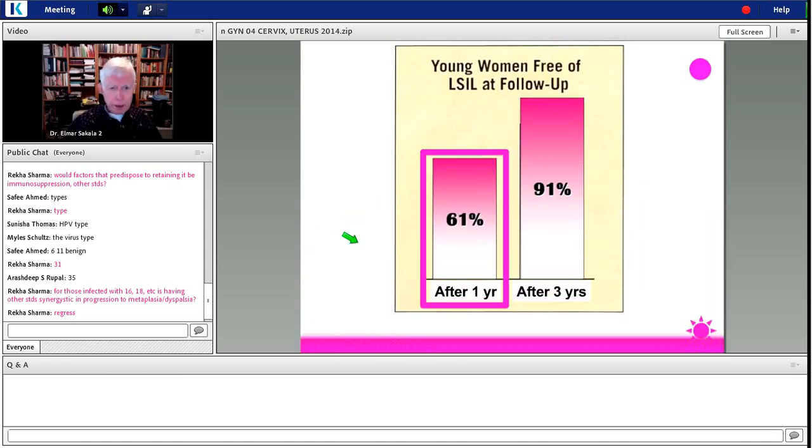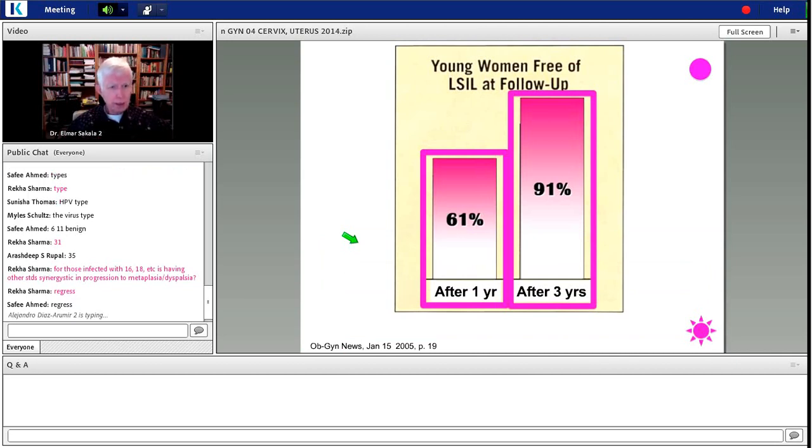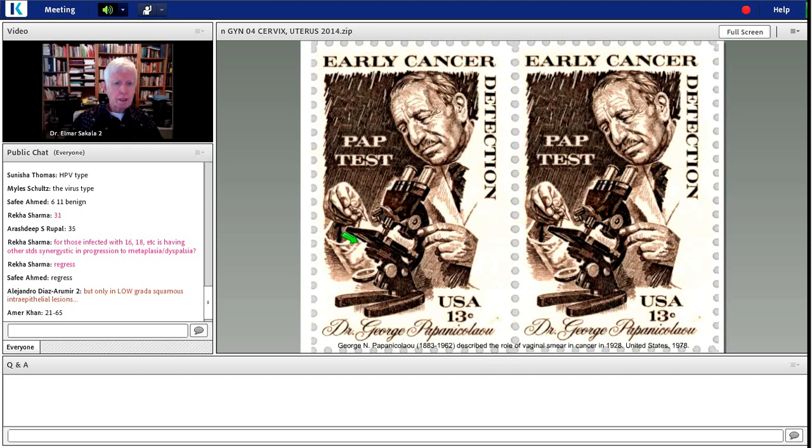And after 3 years, 90% spontaneously disappeared, which means the majority of HPV, the majority of cervical dysplasia is going to go away without you doing anything. That's why the recommendation for the onset of pap smears is age 21. Because if you've got HPV and you find it in these young women, and if it's going to go away on its own, why bother even finding it? Let it go away. All right, screening.